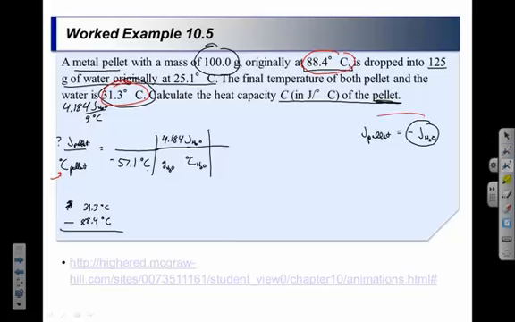Then I can use this relationship: for every joule that the water absorbs, the pellet will be releasing that. So they will have opposite signs but equal quantities.